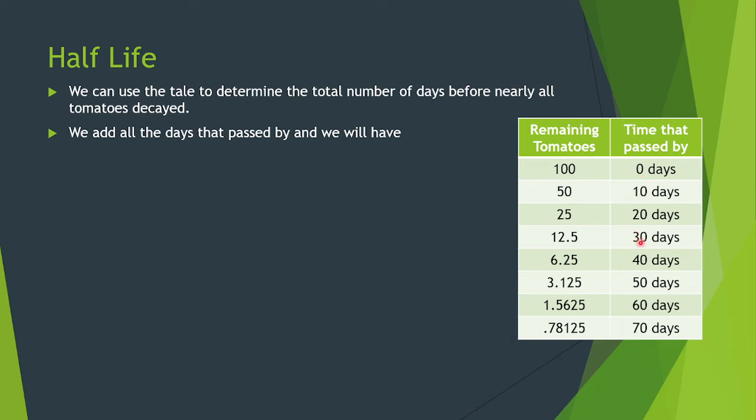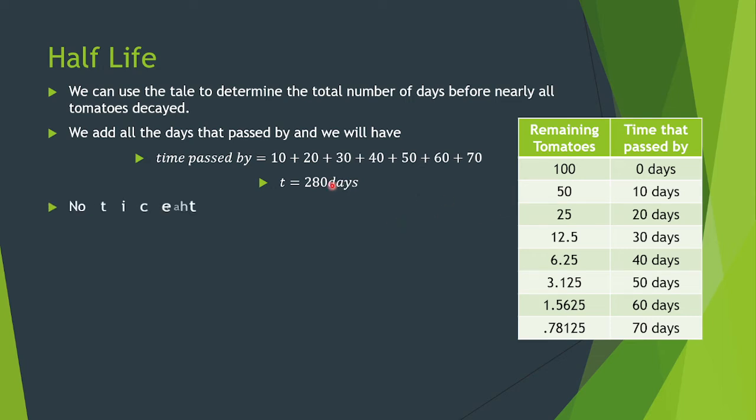Basically, we have to sum them up, and the time that passed for all the tomatoes to nearly be gone is 10 plus 20 plus 30 plus 40 plus 50 plus 60 plus 70, which is 280 days. So after 280 days, nearly all the tomatoes were decayed. Notice that half of the sample remains after its half-life passes.